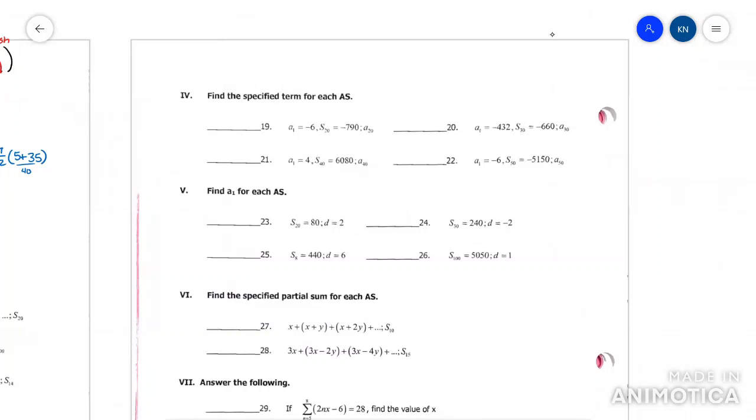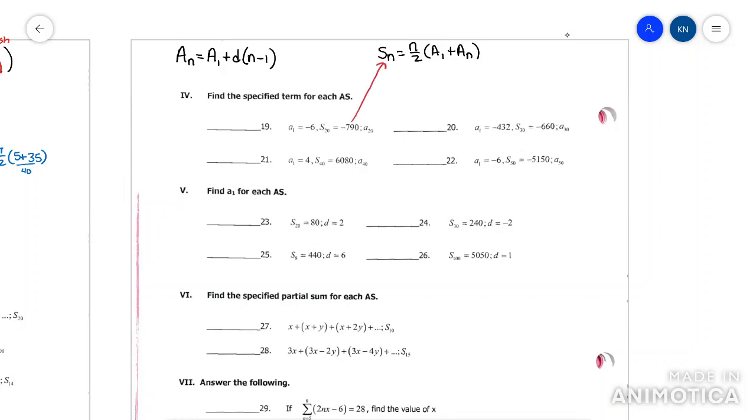All right, now these, let me write these equations at the top again real quick. Okay, so on these, they're giving you the sum of the series, and they're telling you find me the, for example, on 19, they're telling you find the 20th term. So basically you're going to use this equation, the second equation. You know S sub 20 equals negative 790.